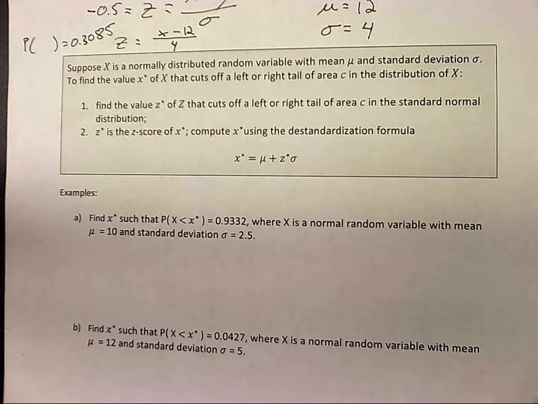I need to find x. But they're telling me that the percentage of something is equal to 0.3085. So what you can do now is go hunting for 0.3085 in your table, find out what z value that is, take that z value, plug it back in over here, and then solve for x. You see, there's just that additional step of hunting for the percentage in your table.